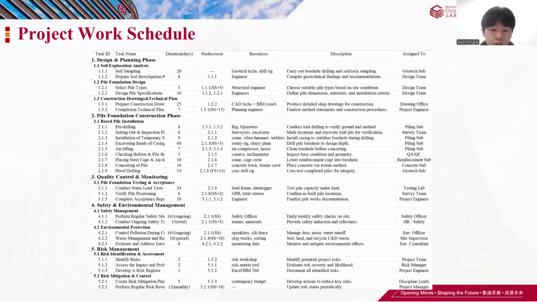The allocation of resources and the assignment of responsibilities were guided by the specific expertise required for each task. Specialized activities such as soil sampling and proof drilling were assigned to specialized geotechnical subcontractors, leveraging their specific equipment and skilled technicians.